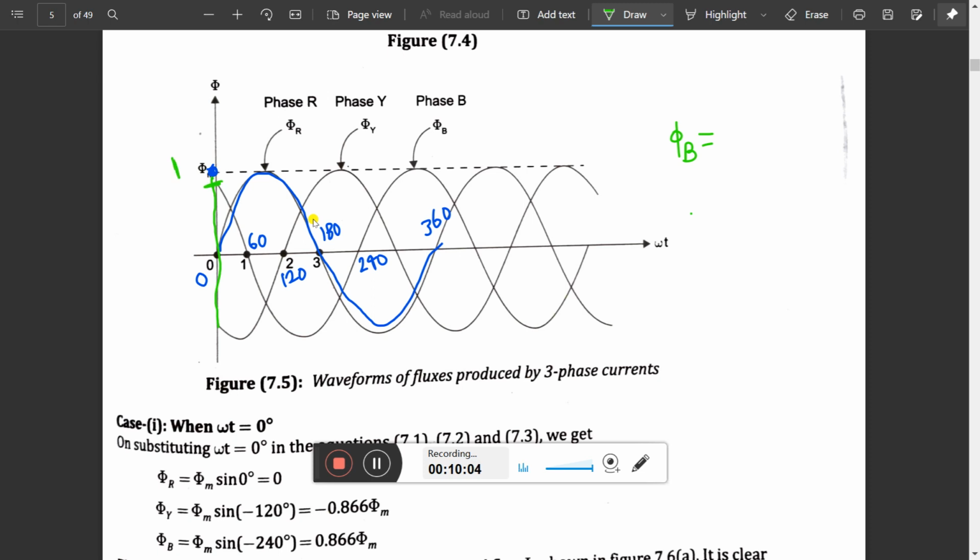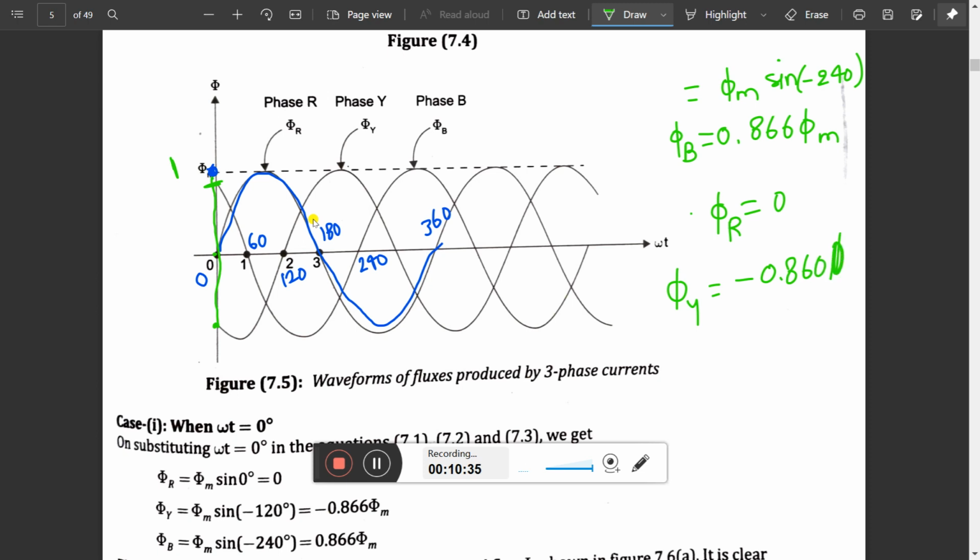If I assume it is 1, here you will get nearly 0.866 phi m. It is nothing but phi m sine of minus 240 because of the delay. And here at this point phi r is equal to 0 only, and the last at this point you will get negative values.